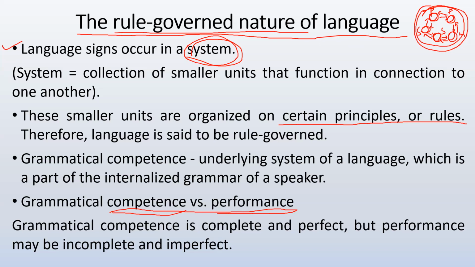So you have the knowledge and you have the ability to use these grammar rules and produce sentences. That is what you mean by grammatical competence. And we say grammatical competence is complete and perfect.